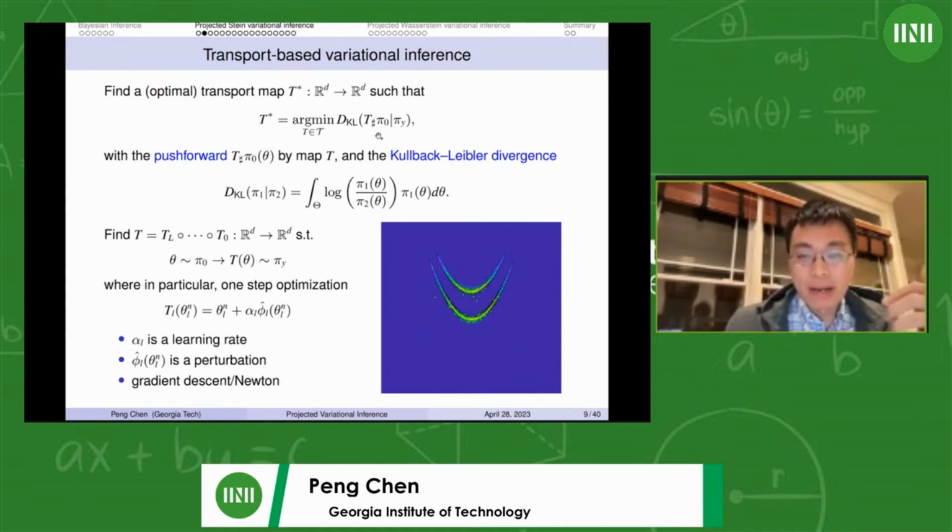Here we measure it by the Kullback-Leibler divergence, defined as the log of pi1 over pi2 integrated with respect to pi1.